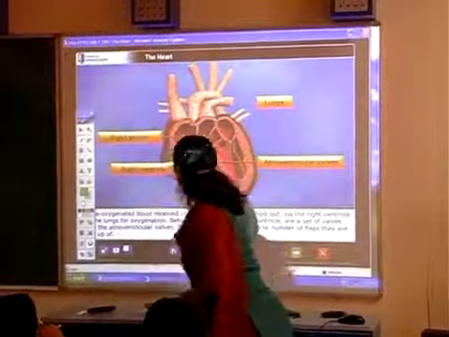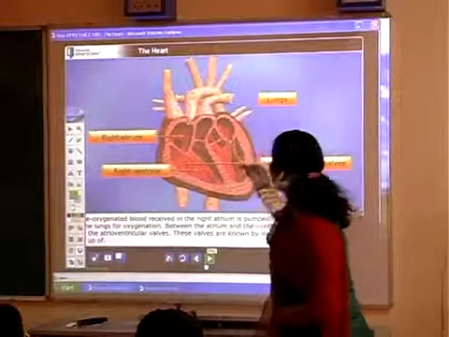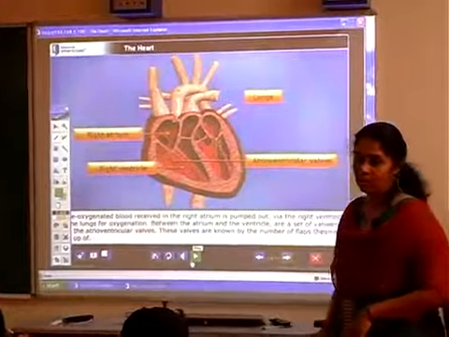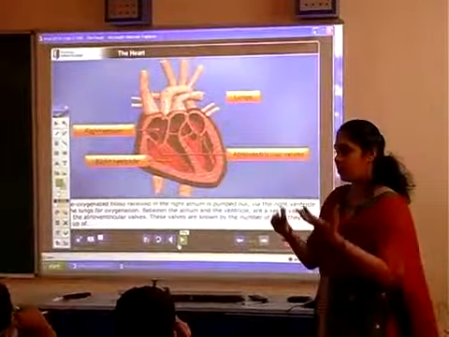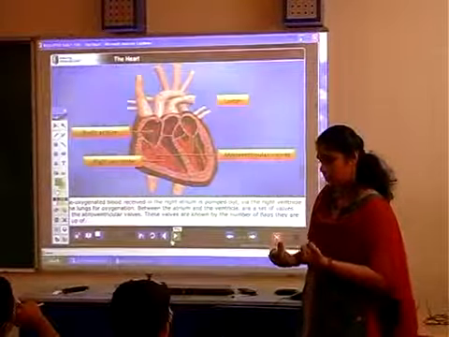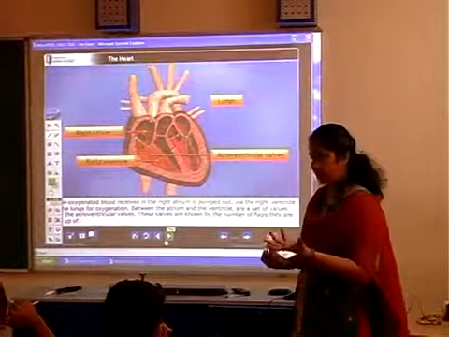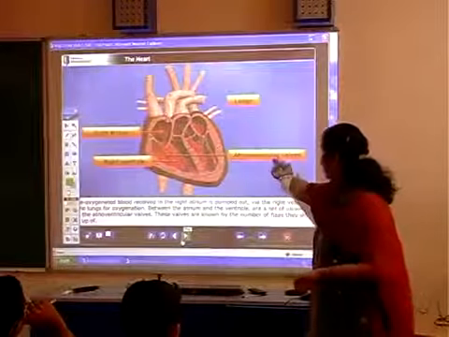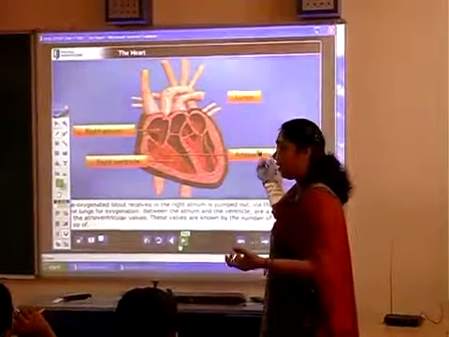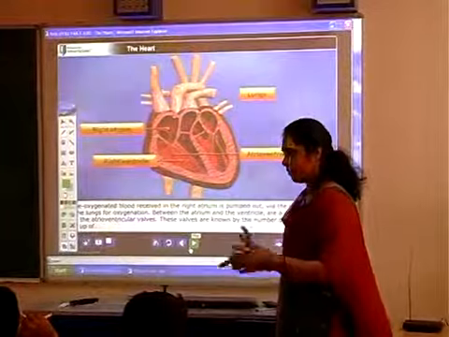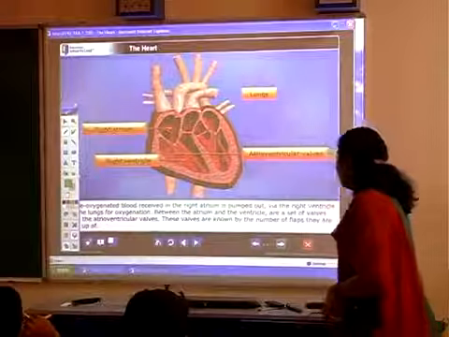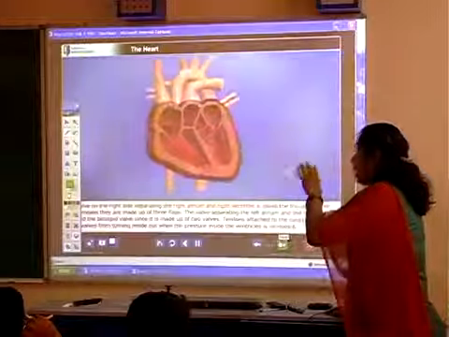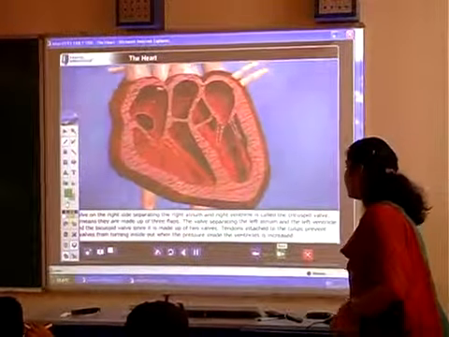These lines which are attached from the valves to the muscles of the ventricles are called chordae tendineae, which help in contracting and relaxing of those muscles, and help in opening and closing of the atrioventricular valves. Atrium and auricles both mean the same. You can use both the words, right? So that is the way in which the blood is pumped inside the heart.